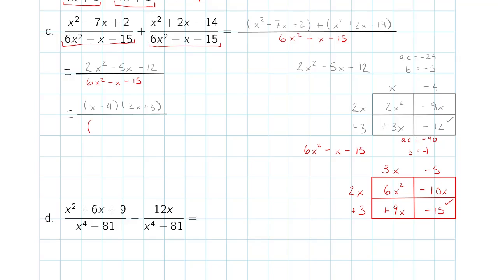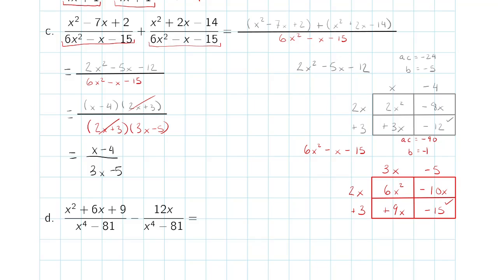So our denominator factors as 2x plus 3 times 3x minus 5. We can cancel a common factor of 2x plus 3, and we're left with our simplified sum being x minus 4 over 3x minus 5. So if we can simplify, it ends up being a little bit of a production.